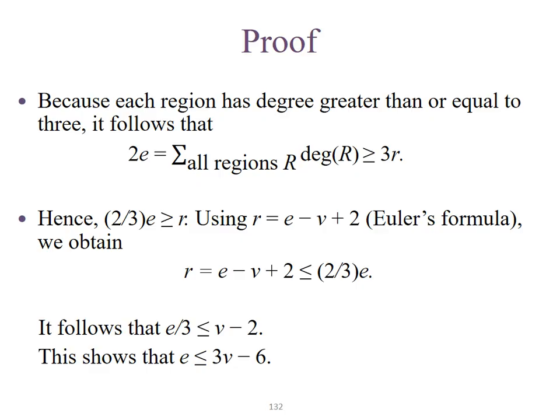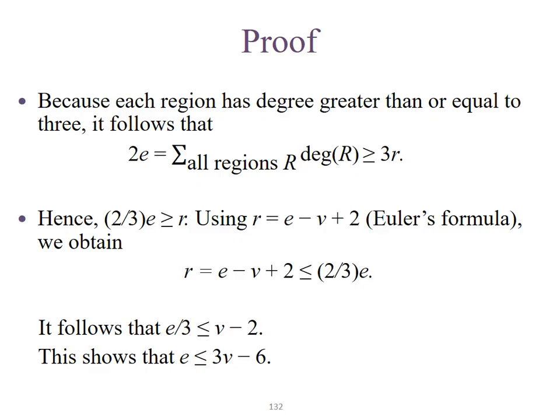Then we have Euler's formula: R equals E minus V plus 2. Then you can replace R here by E minus V plus 2, and you will know this value is less than or equal to 2 divided by 3 times E. So after simplifying, we will have E is at most 3V minus 6.